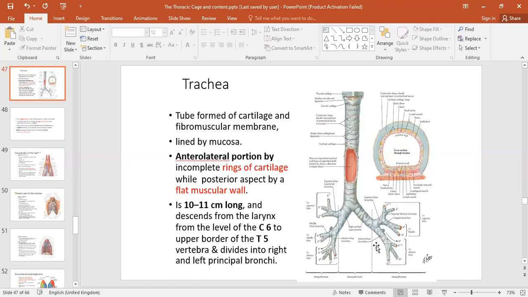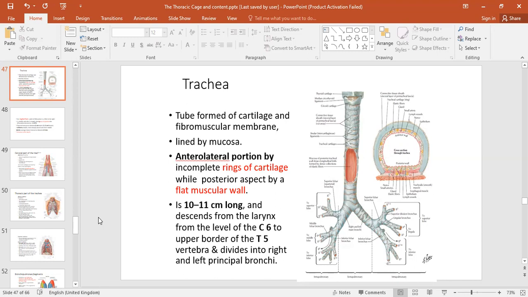Because of that, if there's any aspiration of foreign bodies, most likely that foreign body will find itself in the right lung rather than the left lung, because of those 2 features we have mentioned. This is common in pediatric cases where a baby may swallow a cork stopper, a toy, or anything, and that object goes all the way and lodges into the right main bronchus.